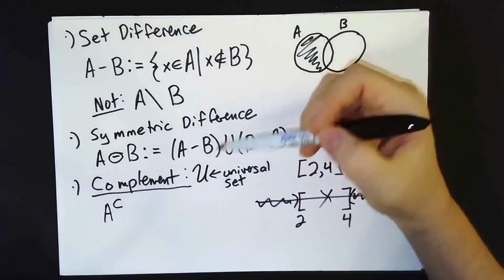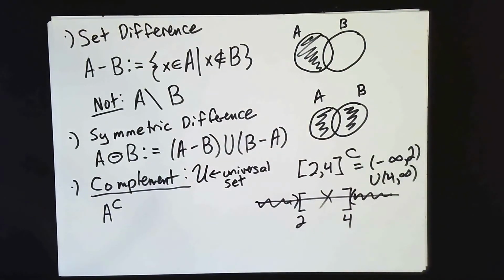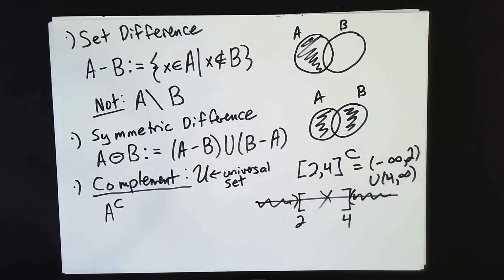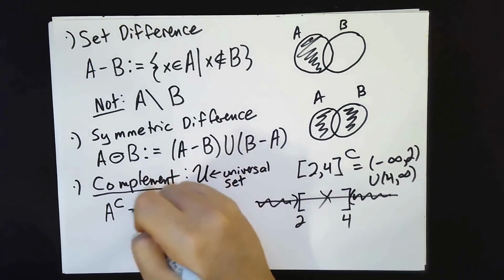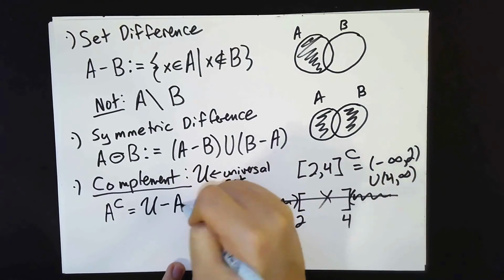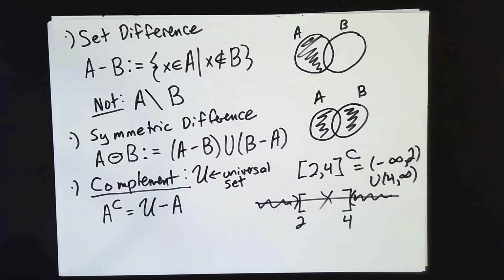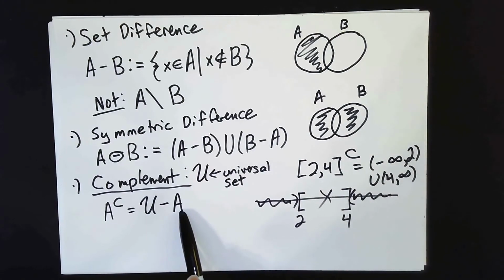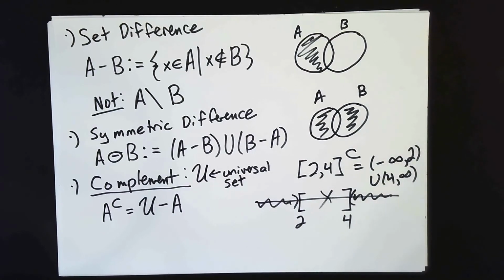And so if we agree on a universal set, for example, here we probably agreed on the universal set being the real numbers, then the complement, in fact, is just always that universal set minus A. It's the set of all the things that are in the universal set, but not in A. So if you're talking only about real numbers, you'll probably assume the universal set is the set of real numbers.